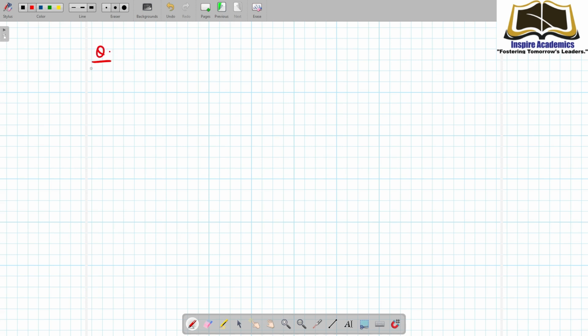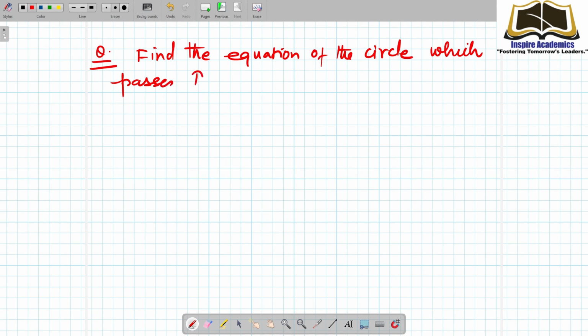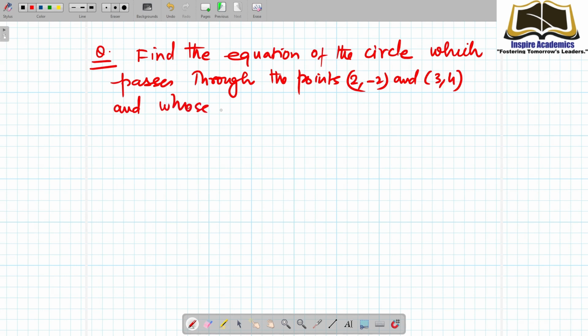The question is, find the equation of the circle which passes through the points (2, -2) and (3, 4), and whose center lies on the line x plus y equal to 2.